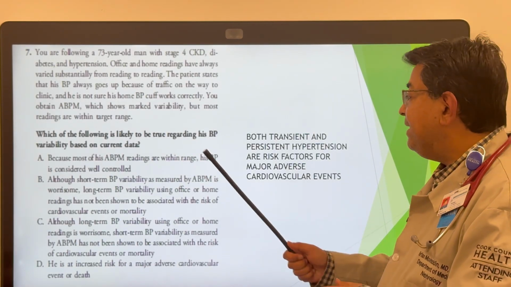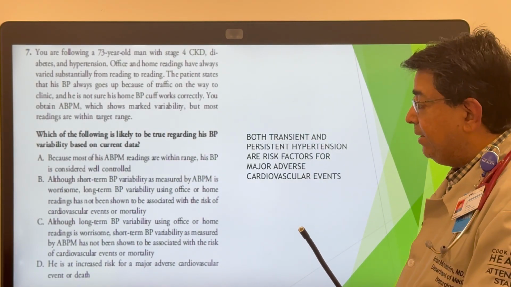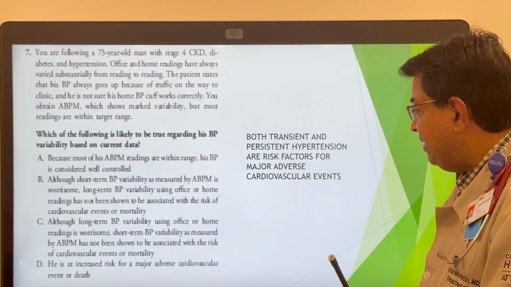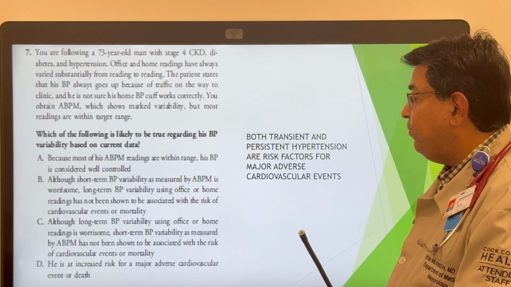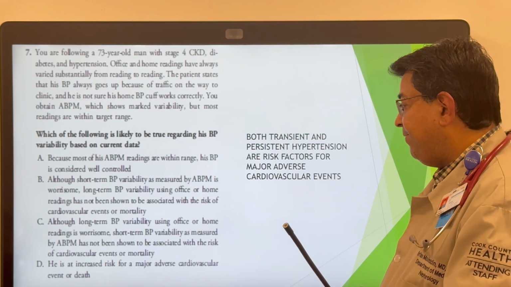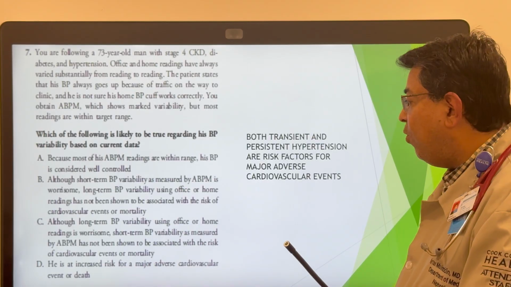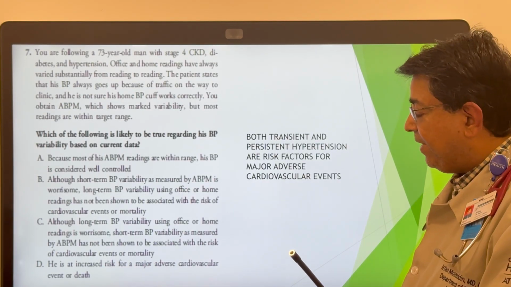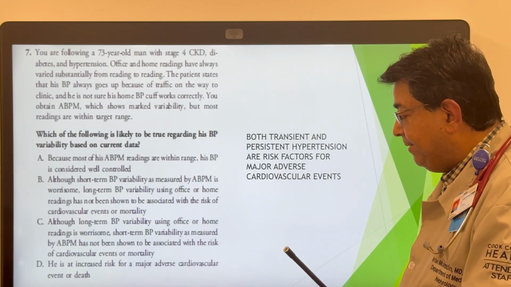Because most of his readings are within range, his blood pressure is considered well controlled. Although short-term blood pressure variability, as measured by ambulatory blood pressure monitoring, is worrisome, long-term blood pressure variability using office or home readings has not shown to be associated with the risk of cardiovascular events or mortality.